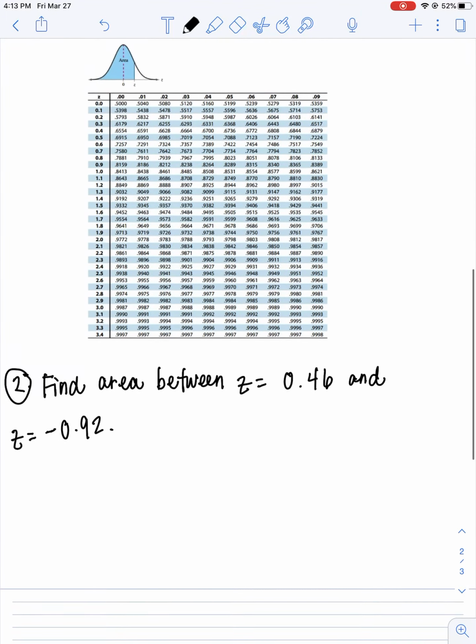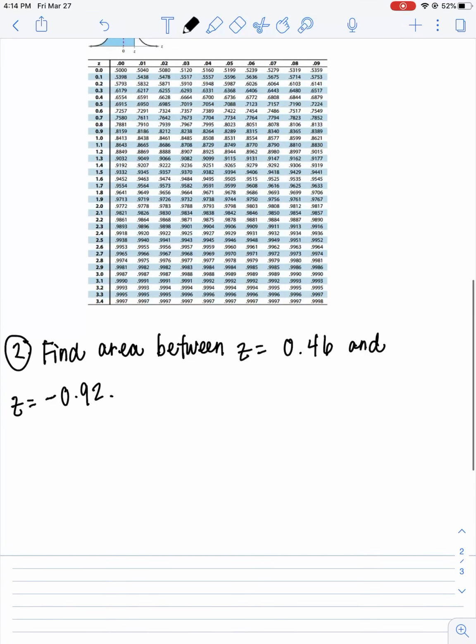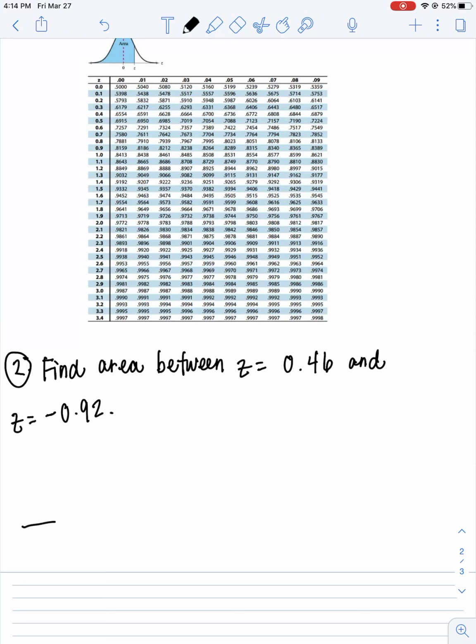Okay, so that's 2 problems. You have left side problems and right side problems. And then this final problem is the area between 2 z-scores. So let's draw a picture again. You've got this picture, and 0 again is in the middle somewhere, but I'm looking at the z value 0.46, which is close to 0. 0.46 is right there.